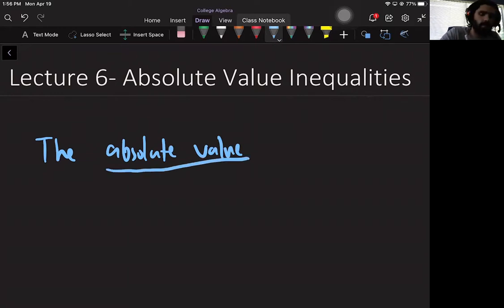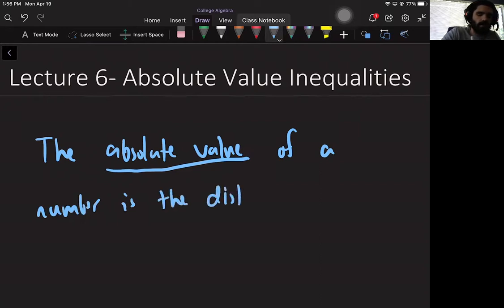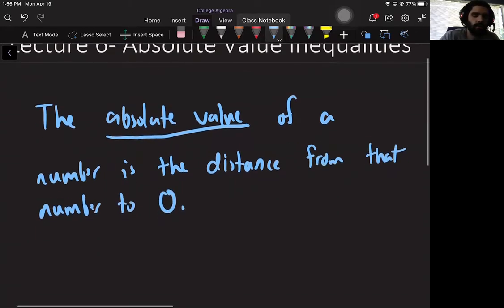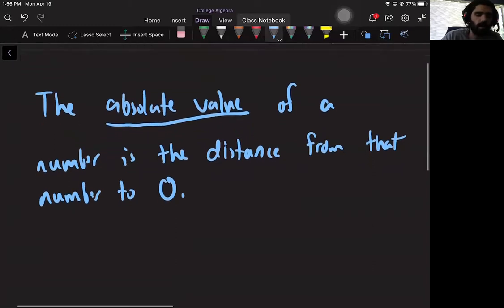The absolute value of a number is, there's many ways to think about it, but this would be the most useful way: the distance from that number to 0. The keyword is distance. Distance is always positive, or it could just be 0.